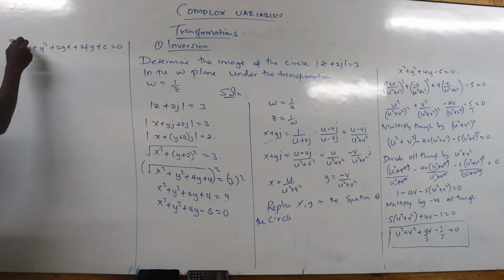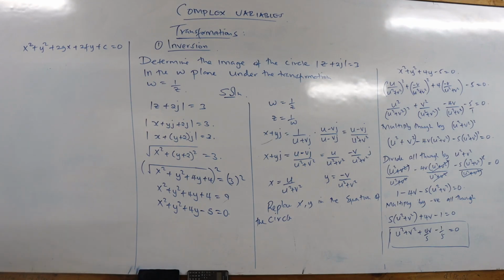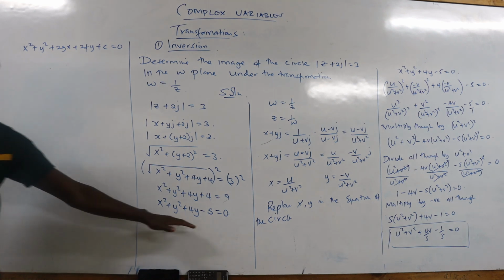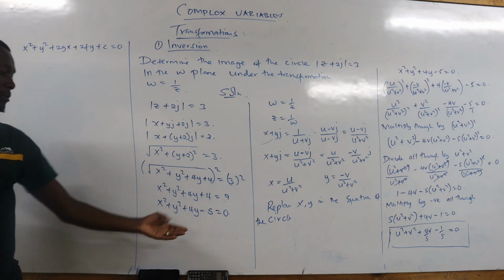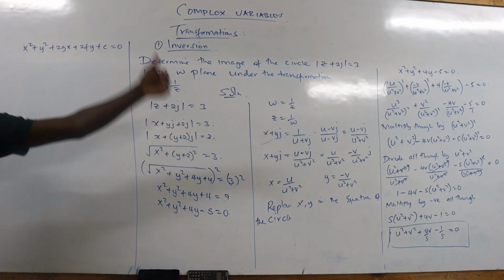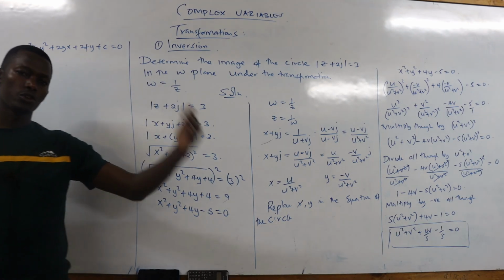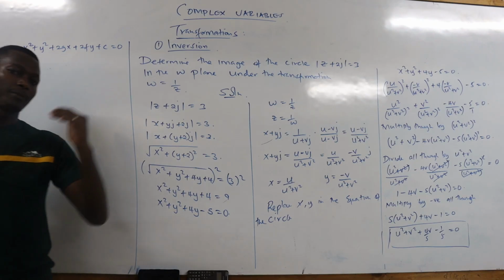This is an equation of a circle not at center 0, 0. Remember, the equation of a circle at center 0, 0 is given by x squared plus y squared equals to r squared. Okay? So this can be used to get the center and the radius. But now, since we have an image which is in terms of u and v, your x becomes your u and your y becomes your v.